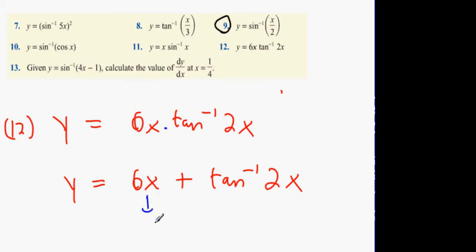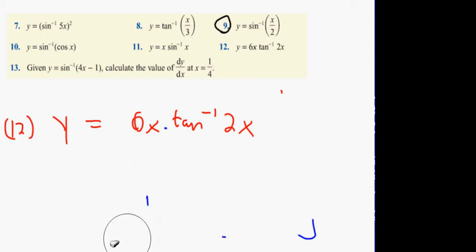I differentiate 6x on its own, wherever the derivative is, right, differentiate this, and then add it on together. Okay? Do you understand the difference? Now, I've identified this as a product rule. You can only split it in a certain way.